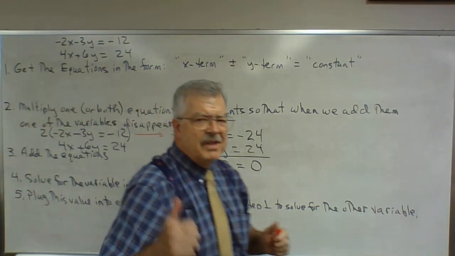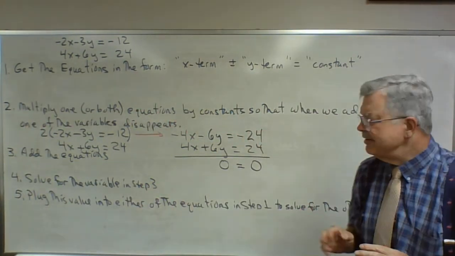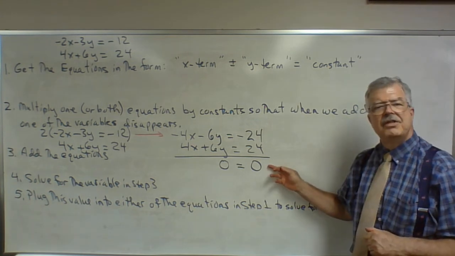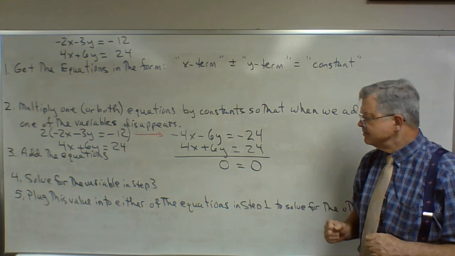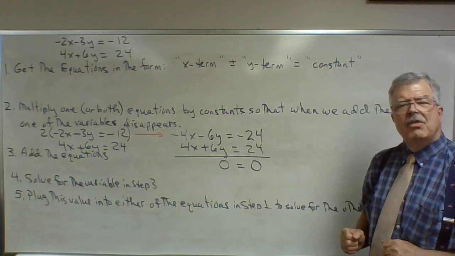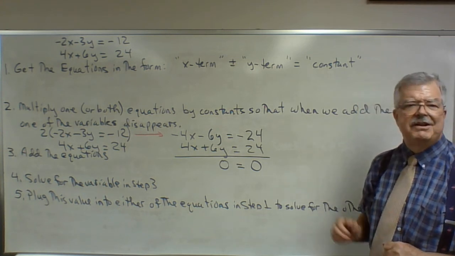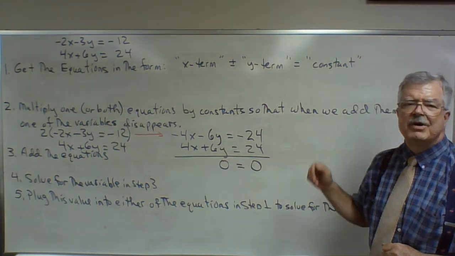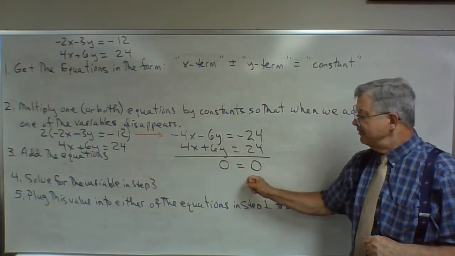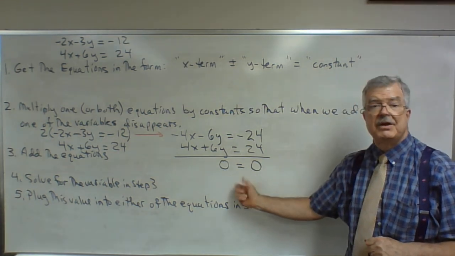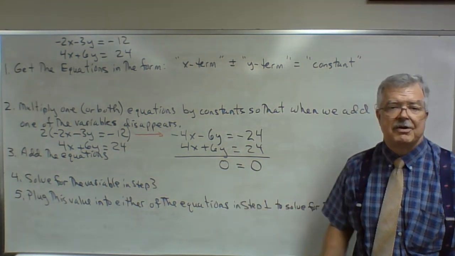And this situation is a little bit different than the one that we saw before where we were substituting. The one we saw before, we had 10 equals 12, which boiled down to 0 equals 2. Here we don't have 0 equals 2, we have 0 equals 0, which is always true.